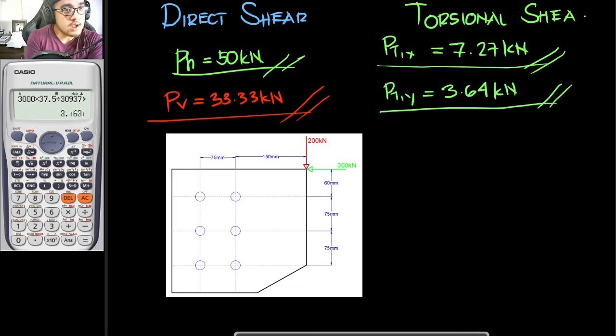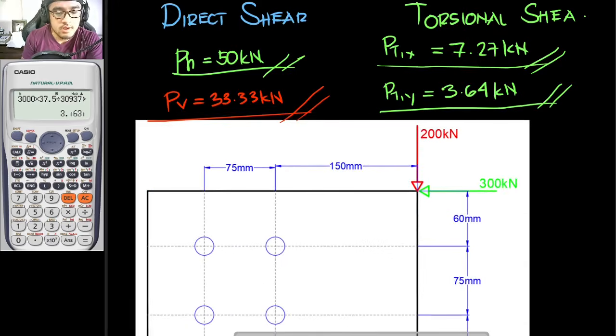Okay, so for direct shear, the horizontal is 50. So once again, this is 50 kilonewtons. Can you see what I'm writing? Yes, sir. Okay, and that is 50. And this is 33.33. After that, for our torsional shear, the x component, the force from earlier was like this.